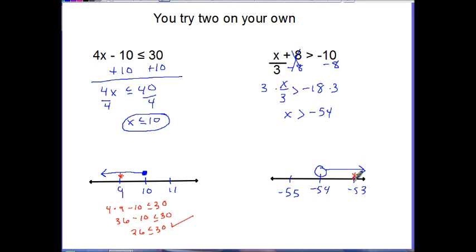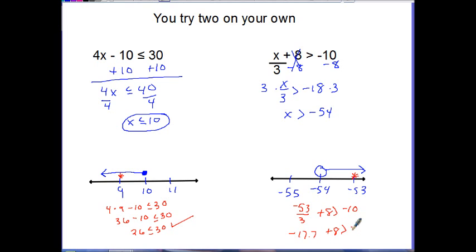Plug in negative 53. Negative 53 divided by 3 plus 8. Is that greater than negative 10? Well, let's go ahead and try and find out here. Negative 53 divided by 3 is negative 17.7 plus 8.